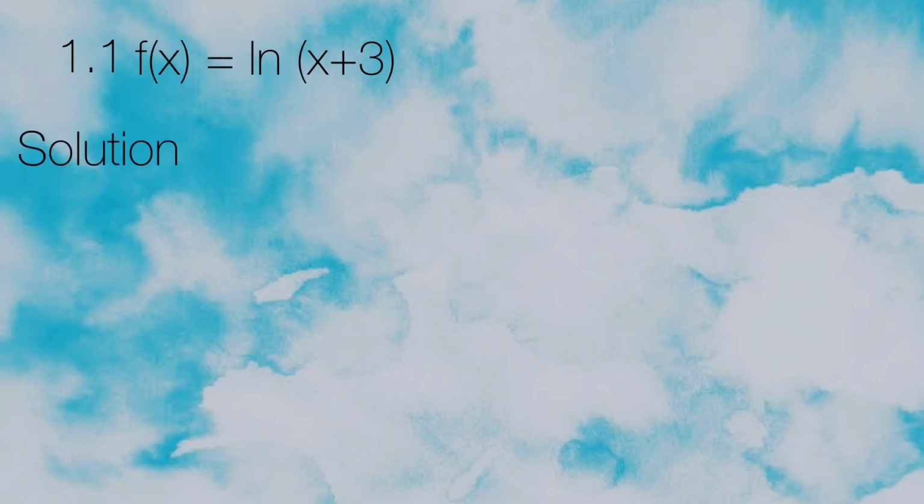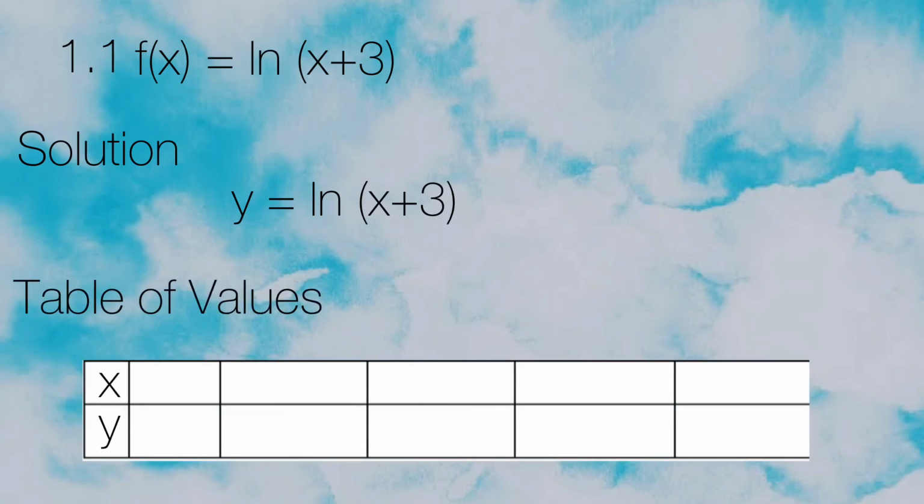Example: the given is f of x is equal to natural logarithm of x plus 3. And next step, change the f of x to y. So the equation will be written as y is equal to natural logarithm of x plus 3. Second, make a table of values.